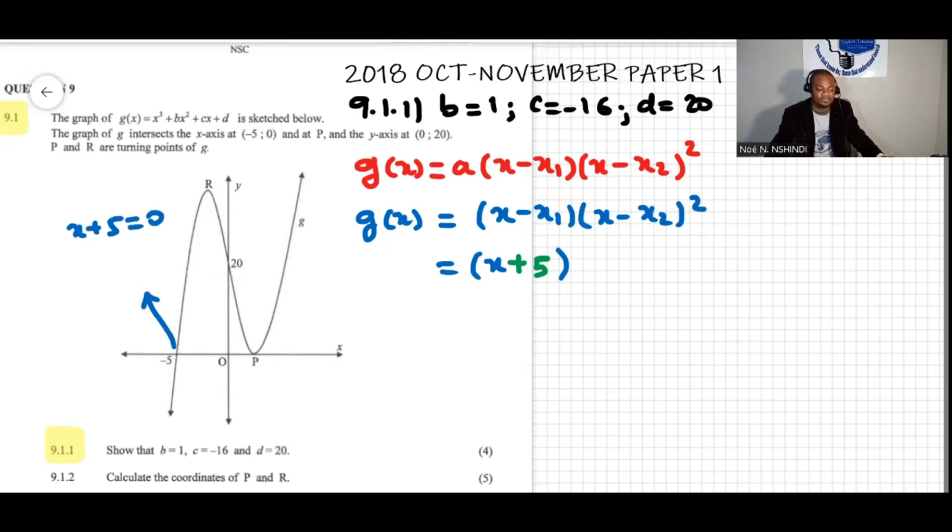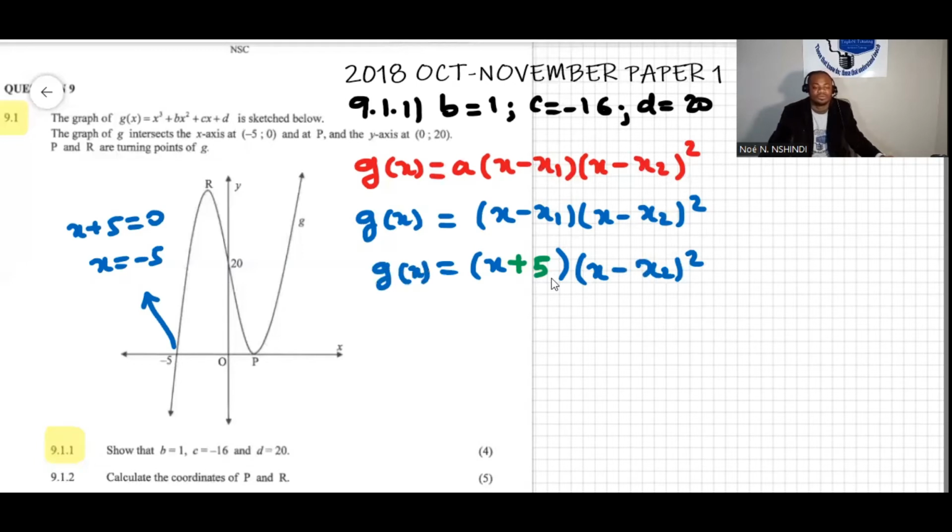If you move the 5 over, you get x is equal to -5. So in the brackets here, we're going to write x plus 5. Or in other words, if you substitute this -5 over here, minus and minus will make +5. Then over here, we'll have x minus x2 to the power of 2. That's g of x.